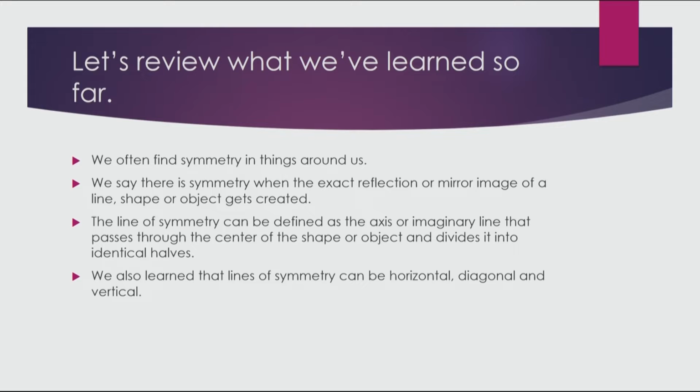And of course, it divides them into identical halves. Identical is a key word there. It must be identical on both sides. We also learned that lines of symmetry can be horizontal, diagonal, and vertical. Very good.